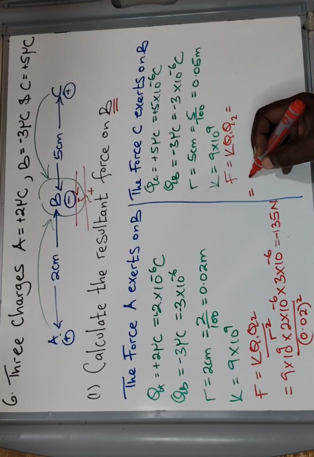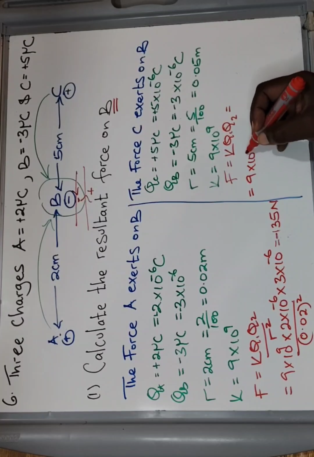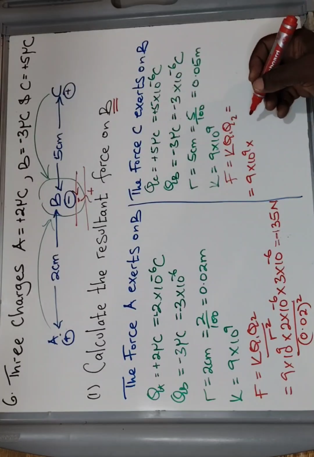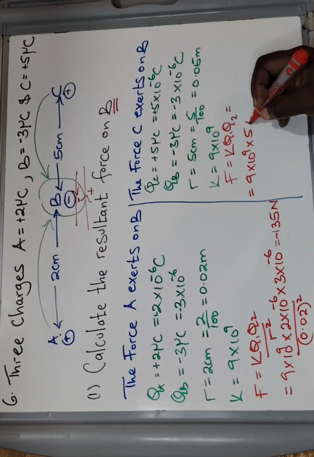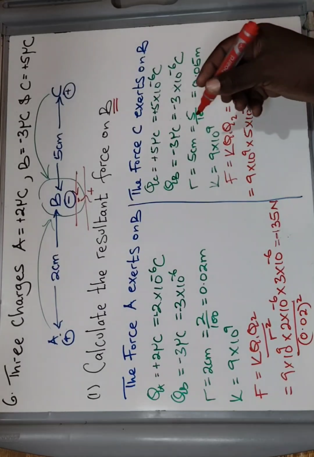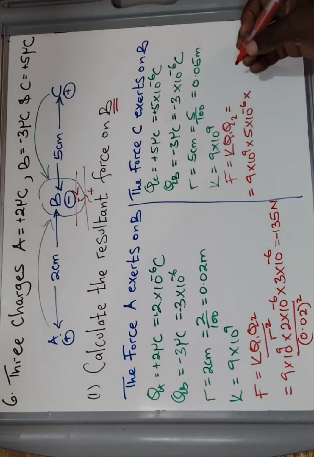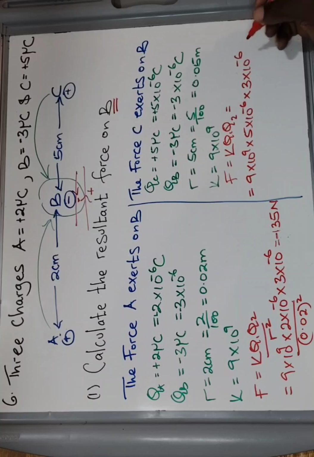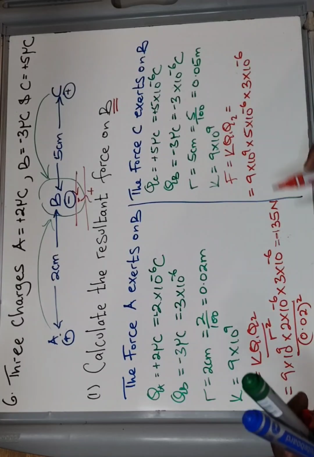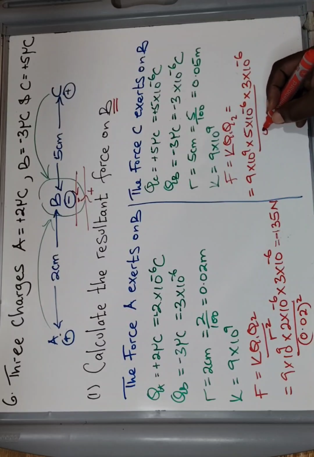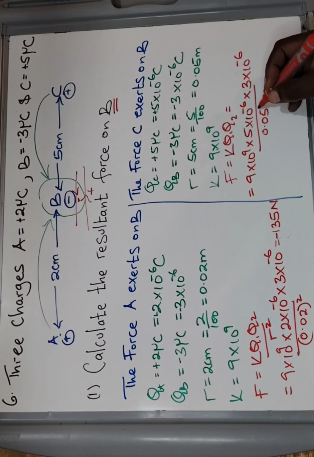We have our K, which is 9 times 10 power 9, our QC, which is 5 times 10 power minus 6, and our QB, which is 3 times 10 power minus 6. I told you it's very important that you don't substitute in the signs. And our intermediate distance is 0.05 all squared.